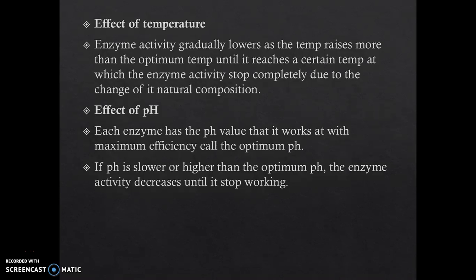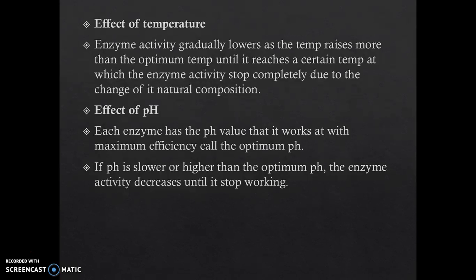For the third factor, effect of temperature: enzyme activity gradually lowers as the temperature rises above the optimum temperature until it reaches a certain temperature at which the enzyme activity stops completely due to the change of its natural composition.